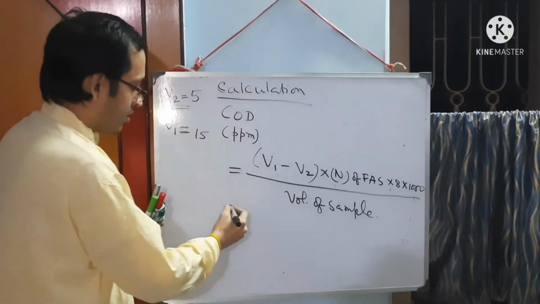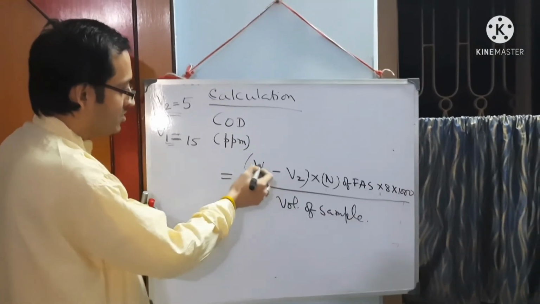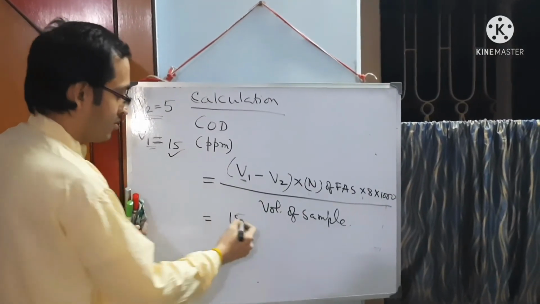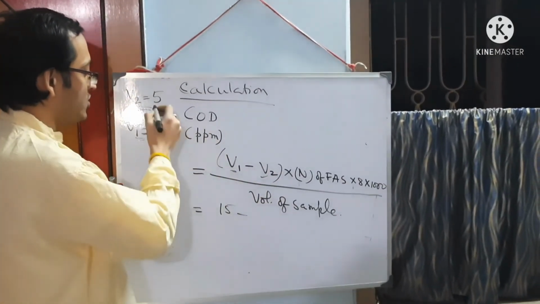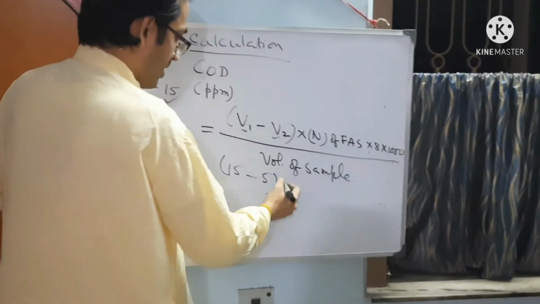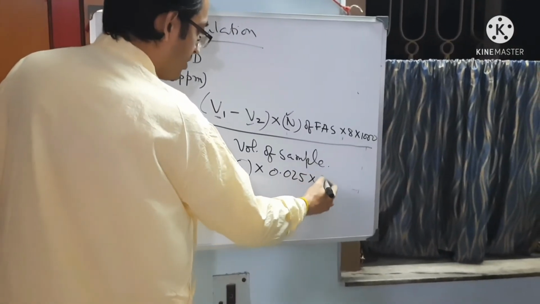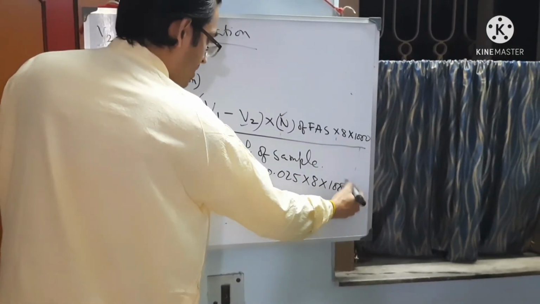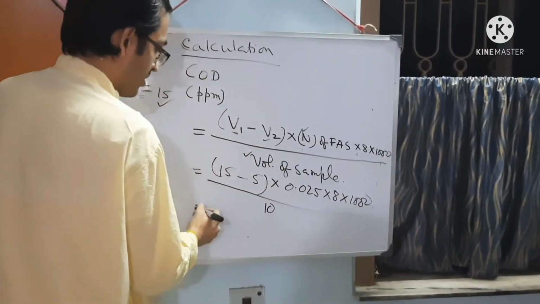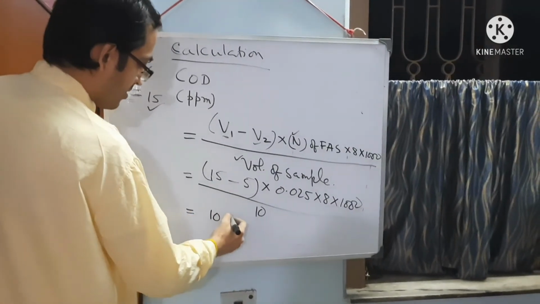So as per this example, V1 in the blank burette reading was 15, into 0.025 into 8 into 1000 divided by volume of sample 10.